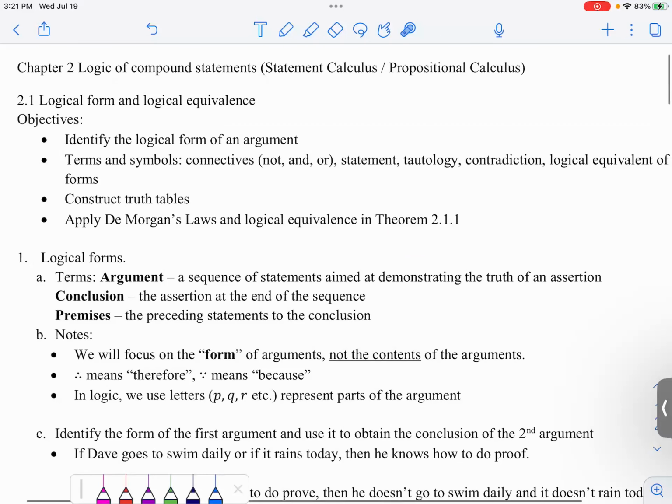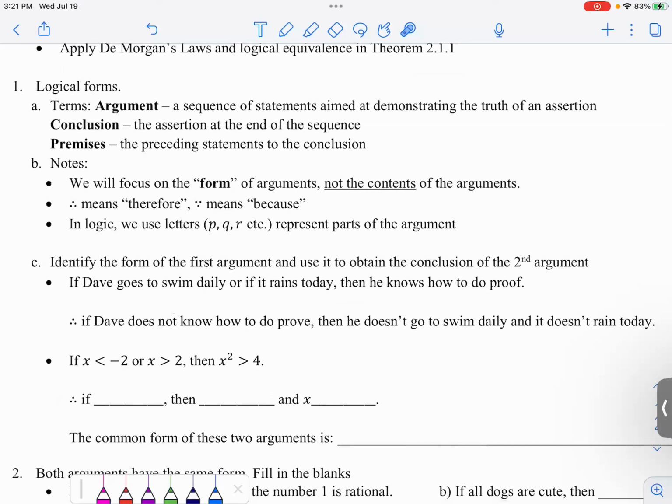And let's begin with some terms. Argument is a sequence of statements aimed at demonstrating the truth of an assertion. There's a valid argument, there's an invalid argument. In this section, we'll learn how to determine whether an argument is valid or invalid.